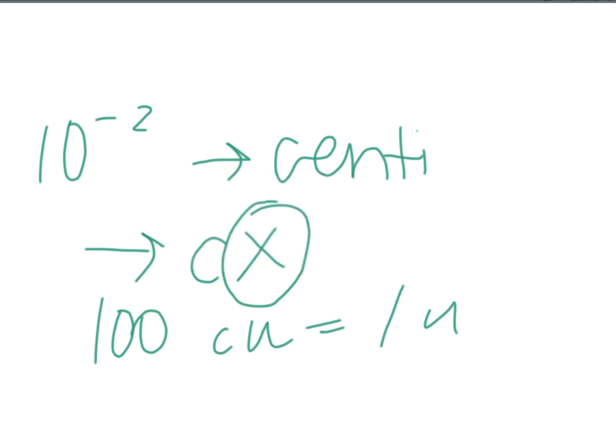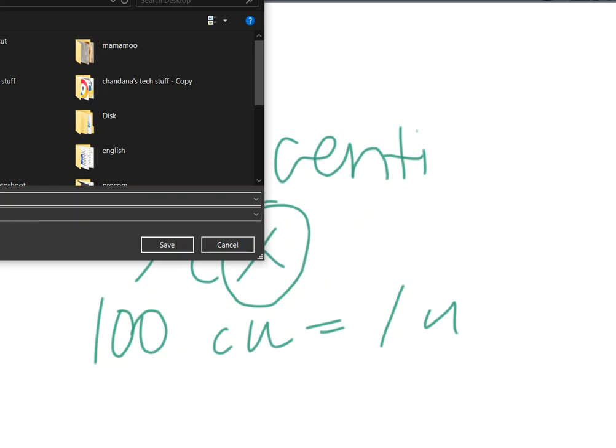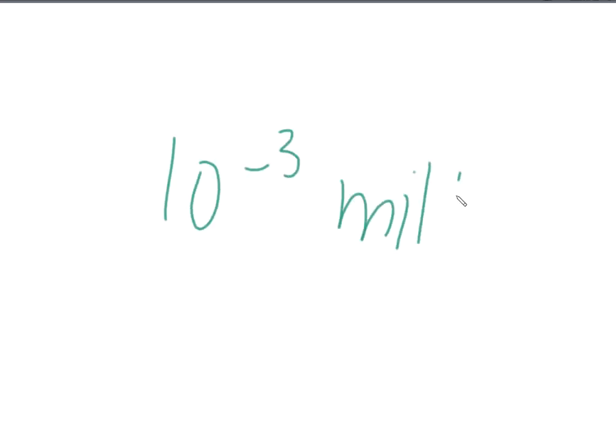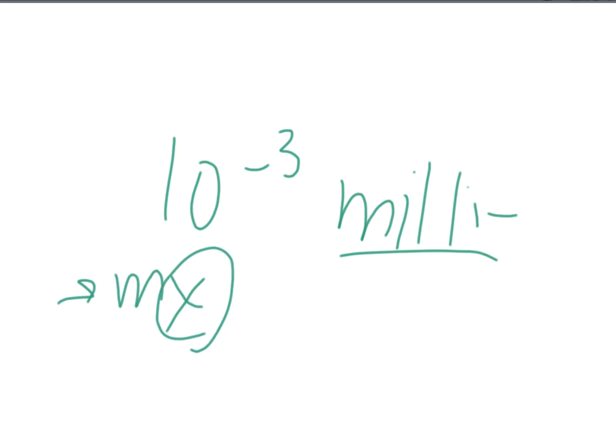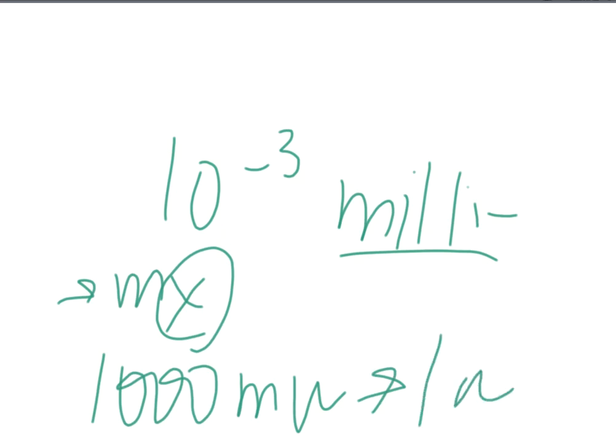And then the next one is 10 to the negative 3, which is milli. That's the prefix. And that looks like mX, and that's your variable. So 1,000 milliunits is 1 unit.